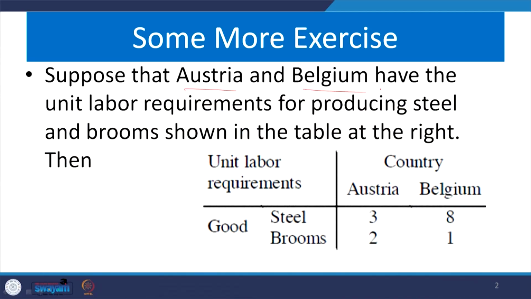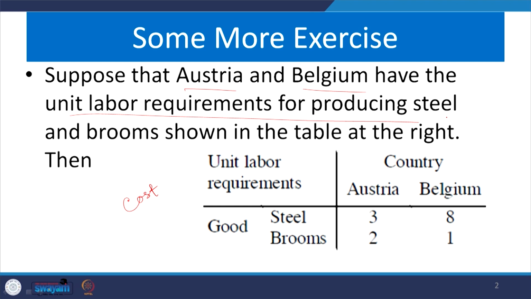Start with the same example I started in the previous lecture, comparing Austria and Belgium and their unit labor requirements: how much unit labor they need in producing 1 unit of steel or 1 unit of brooms, and here we are actually explaining cost of production. This is clearly written: the unit labor requirements for producing steel and brooms are shown in the table at the right.